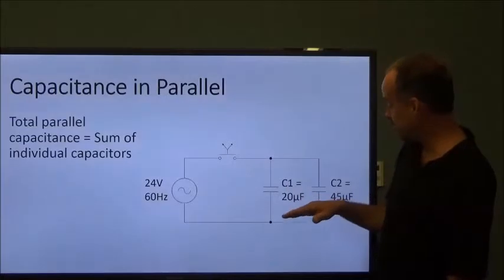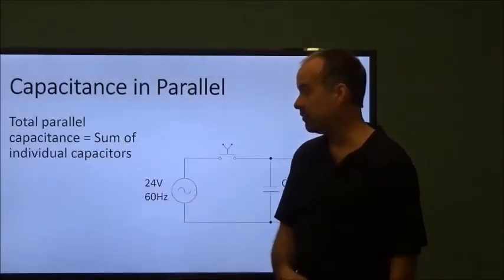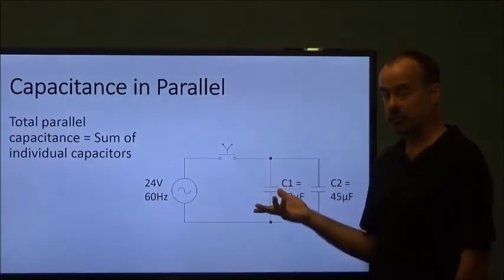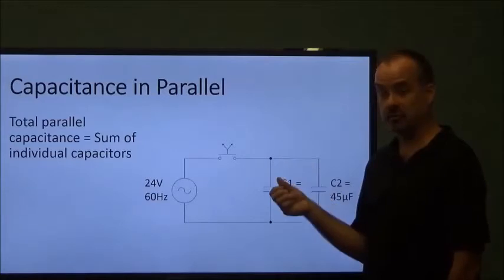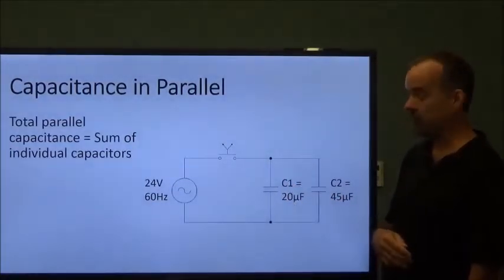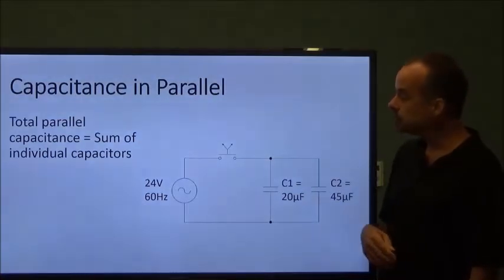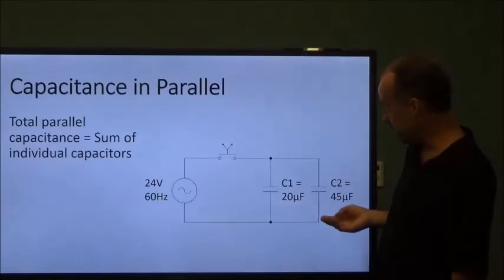So the total capacitance for a parallel circuit is just simply a sum of the individual capacitors. This is going to be the same method you use to determine series resistance. It's going to be the same formula you use to figure out parallel capacitance. So basically, sum of the capacitors, just add these two together.